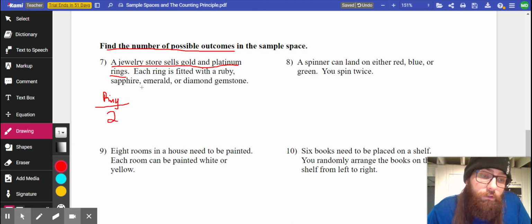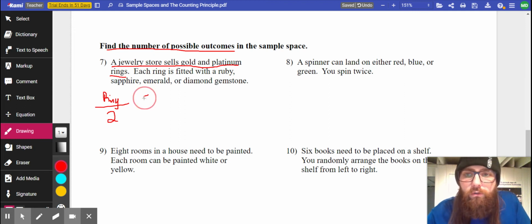And I can choose what kind of stone I want. It says that I can get a ruby, a sapphire, an emerald, or a diamond gemstone. So if I look at stone, instead of listing my options, again, I'm counting my options in this one. So in this one, I have 1, 2, 3, 4 options for stones.